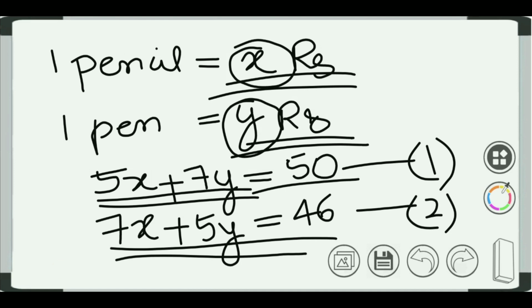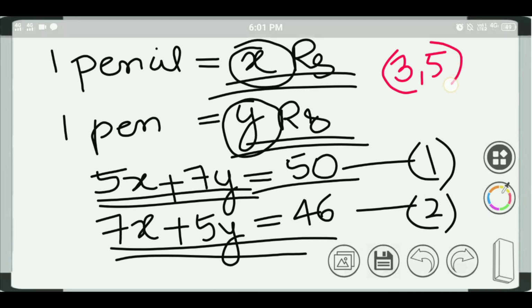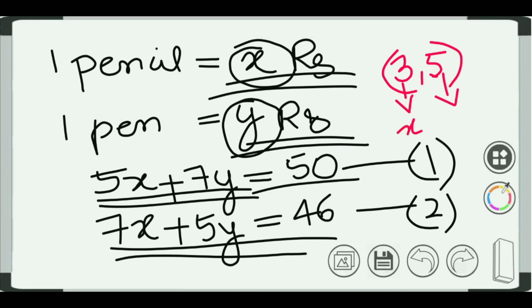At last, when you solve this problem, you will be getting the point as 3 and 5. This is the answer. Check whether you are getting 3 and 5 as your point. So 3 represents x, 5 represents y. So the cost of one pencil will be 3 rupees. Cost of one pen will be 5 rupees. Okay, 3 and 5 is the answer.